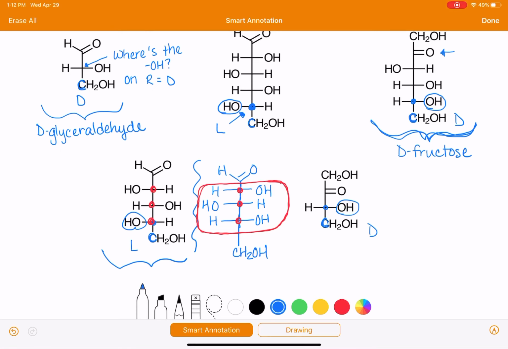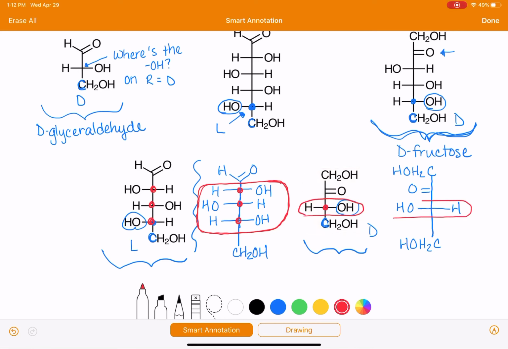Let's try that again over here. Let's draw the enantiomer of this guy. If we're doing it ourselves and trying to keep things as simple as possible, our instinct is going to be to straight up mirror the whole thing like this, because that is going to help us get our answer correct. But keep in mind that the only thing that really needs to be mirrored is the chiral carbon, this guy right here.